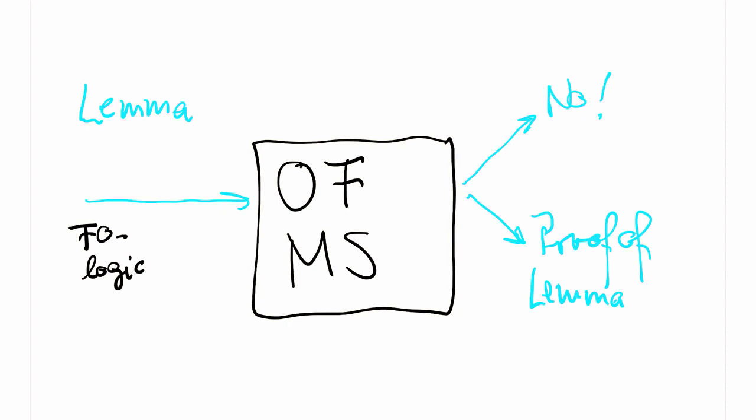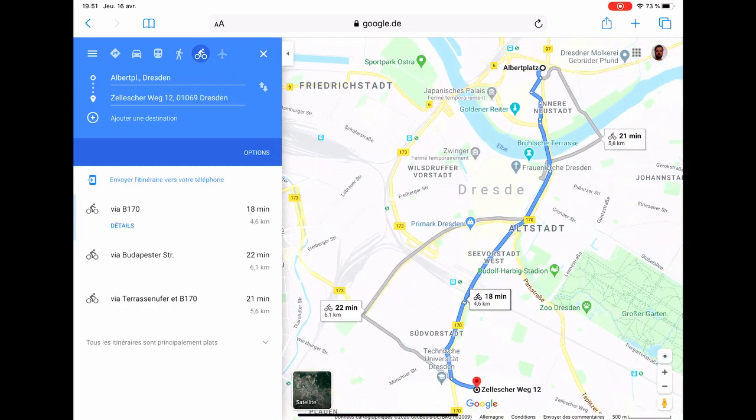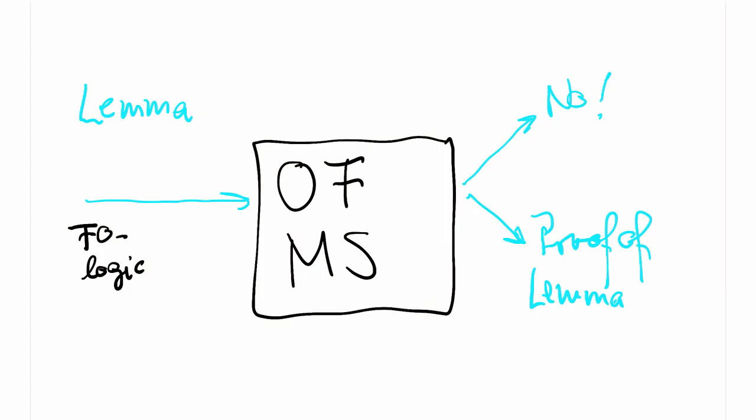That's something we would like to have, such an OFMS. So one important question is, can the computer solve these tasks? For the first task, we have already seen it working in the background. So the answer is apparently yes. For the second problem, here our OFMS, this is really less clear. However, this is not the topic of today.